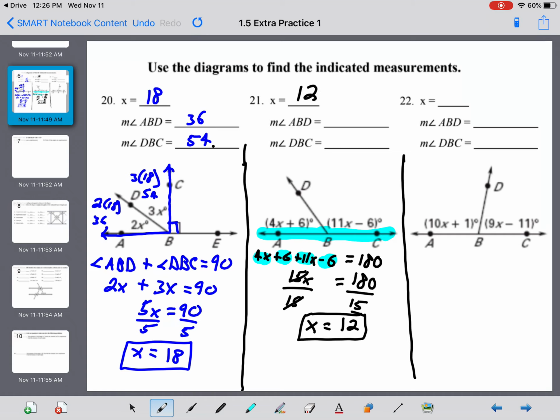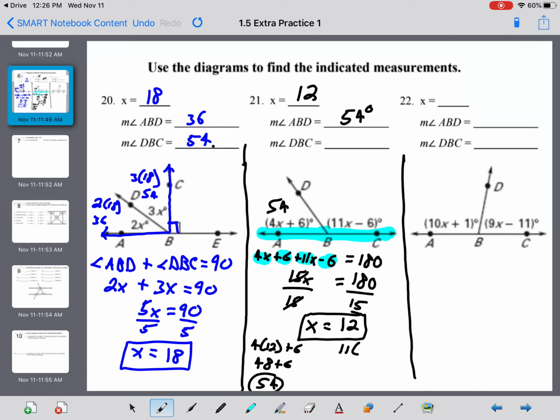So x equals 12. Now, if we were to plug in for both of these, we have 4 times 12 plus 6. 4 times 12 is 48, plus 6 makes 54. So angle ABD is 54.